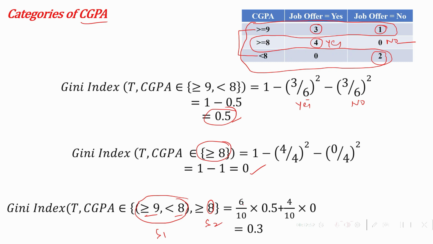The first subset has 6 elements, so |S1| is 6 by the total number of elements in the entire data set, 10, into the Gini index of subset 1, which is 0.5, plus the total number of elements in subset 2, 4 by 10, into the Gini index of subset 2, which is 0. If you compute all the values, we get the output as 0.3.